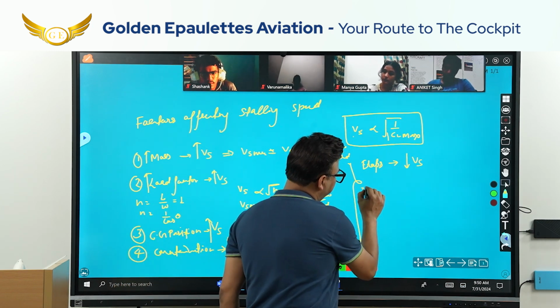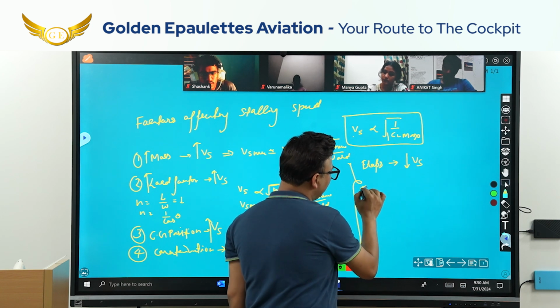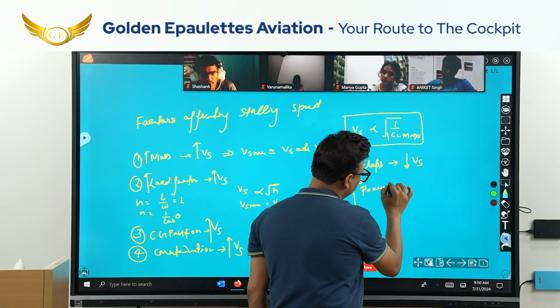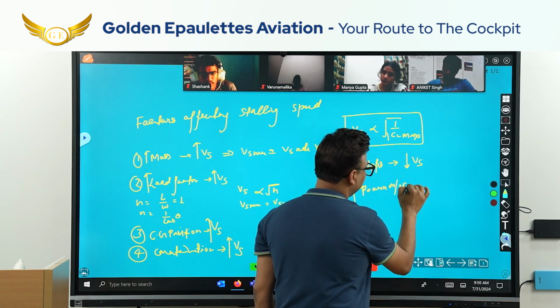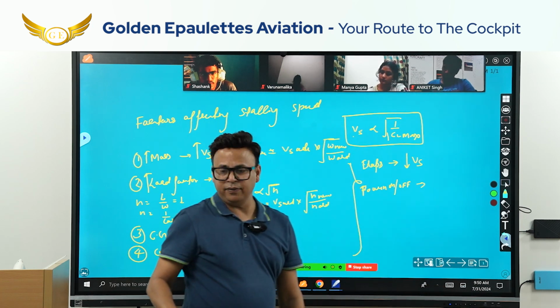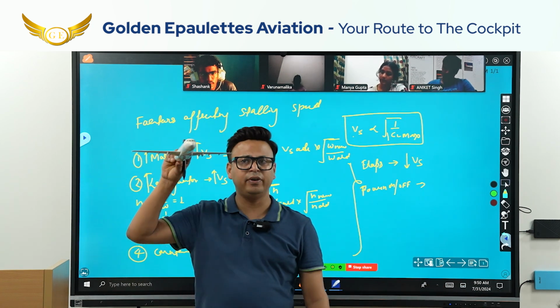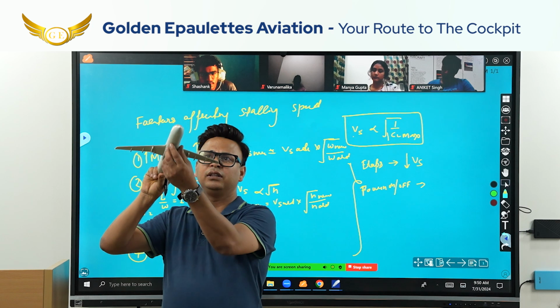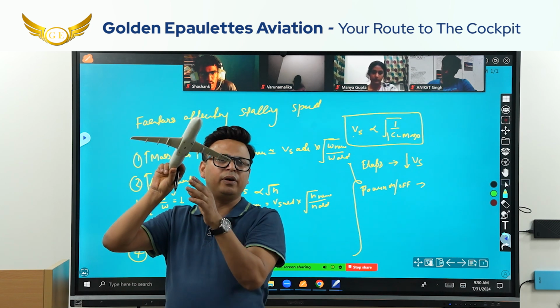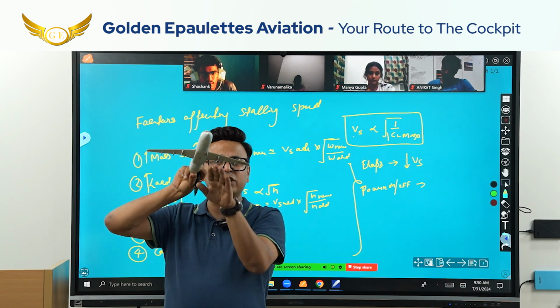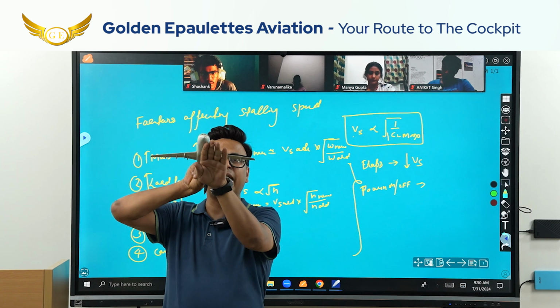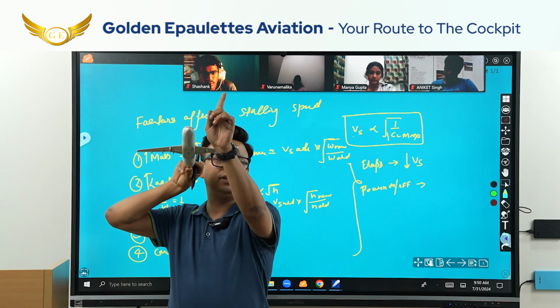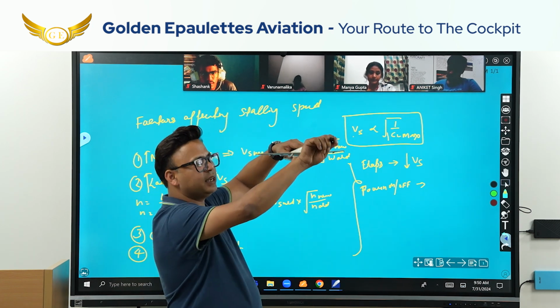Next is the power on. So we discussed कि when you are power off, there is no thrust. But when you are power on, this thrust vector acts to the left, with the left. पहले ऐसे thrust ऐसे काम कर रहा है.